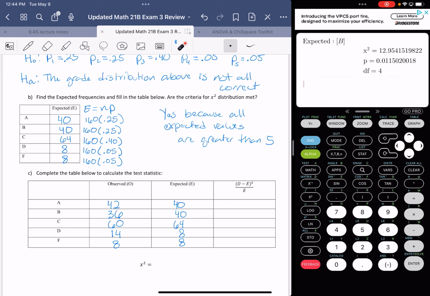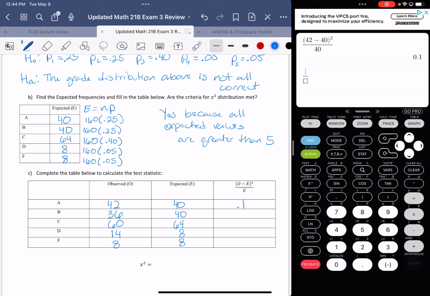So, do them one at a time. We have 42 minus 40 quantity squared divided by 40. You should get 0.1 for A.